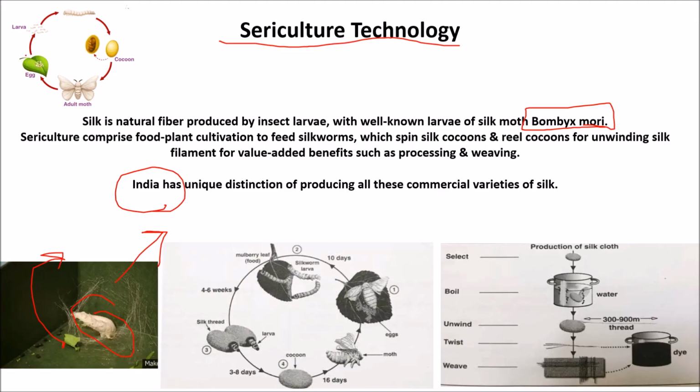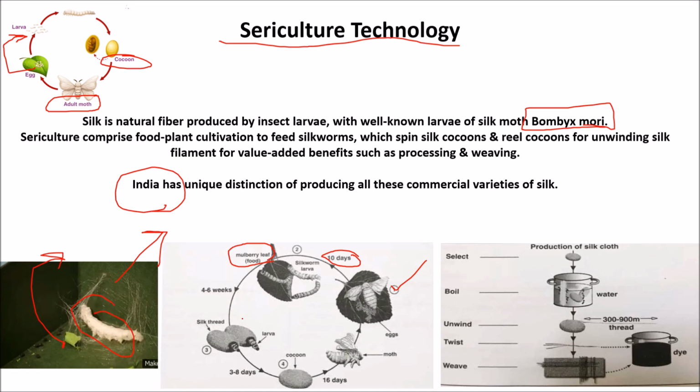Basically, before going ahead, we need to know the process and the people involved. The egg converts itself into larva, further forming a cocoon, after which it converts into an adult moth. The process involves a four-step event where the egg gets converted into larva after approximately 10 days, feeding on leaves like mulberry, which is a food.